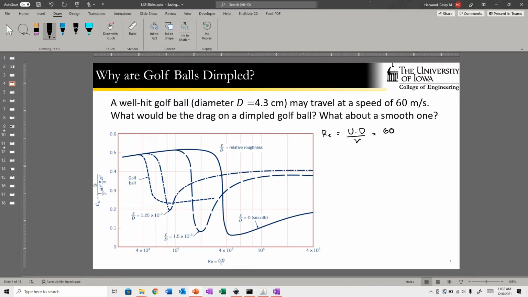So let's say 60 meters per second times 0.043 meters divided by 1.12 times 10 to the negative 6th meters squared per second.